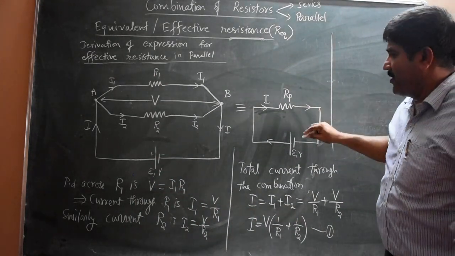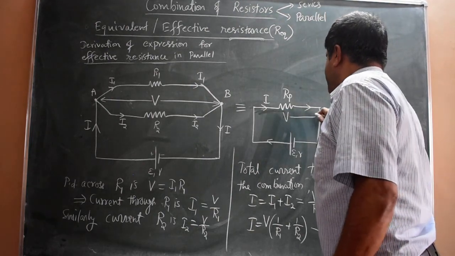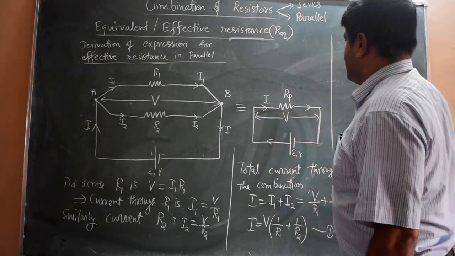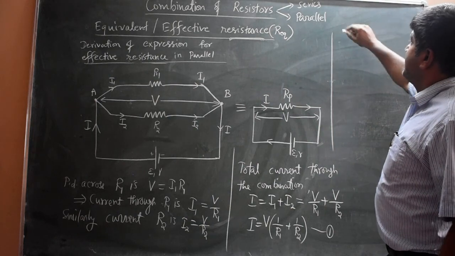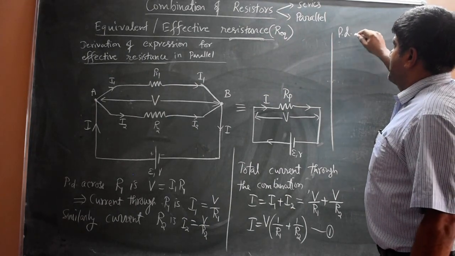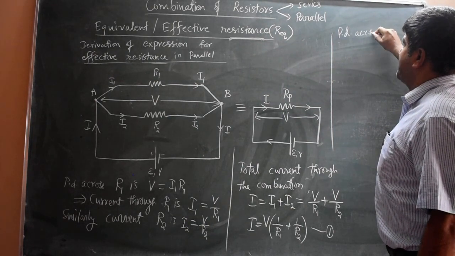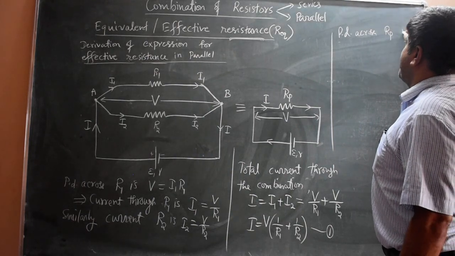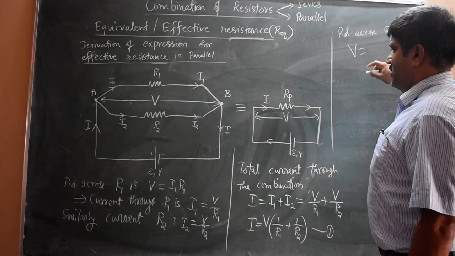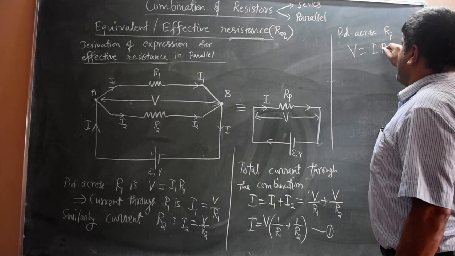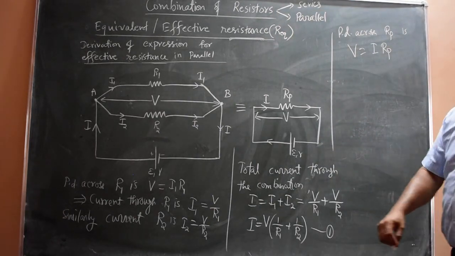The PD, or potential drop, across the equivalent resistance Rp is V equal to I into Rp.